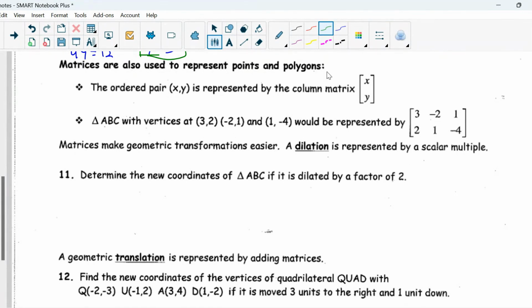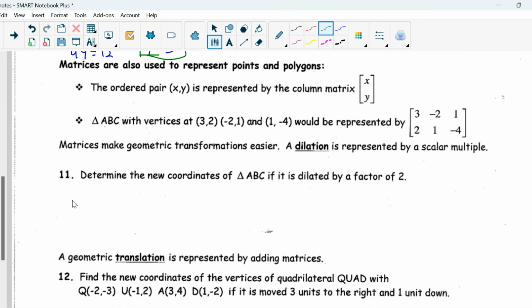We have x over y, x over y, x over y, right? You are representing each of these vertices ordered pairs in matrix form. So by representing ordered pairs as a matrix, it allows us to perform transformations easier, especially dilation, which is essentially just scalar multiplication.